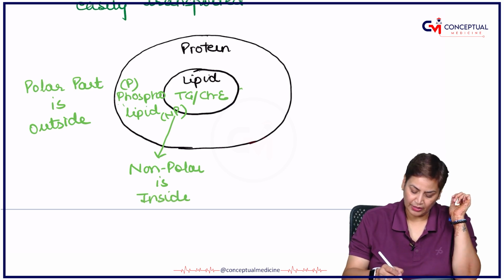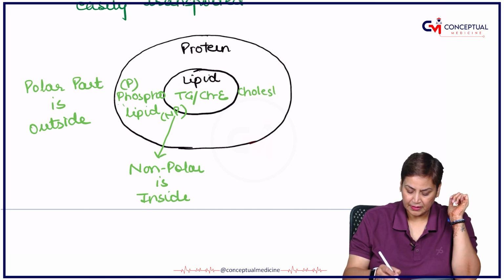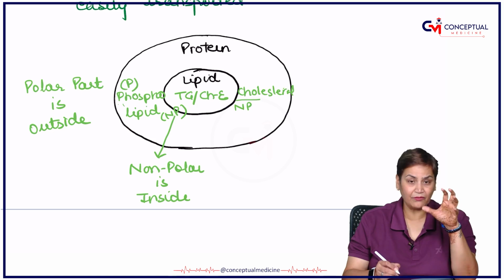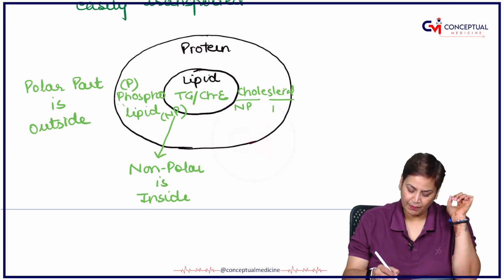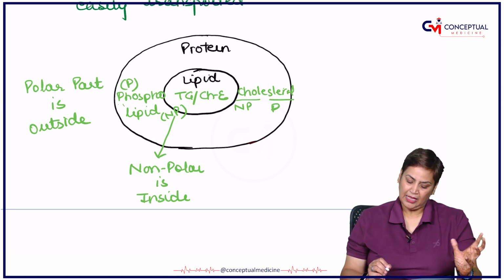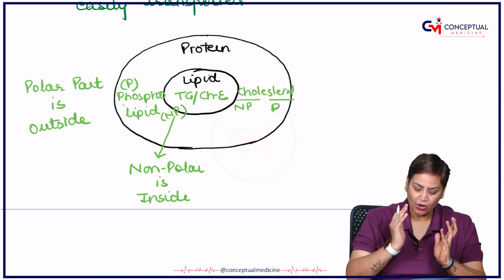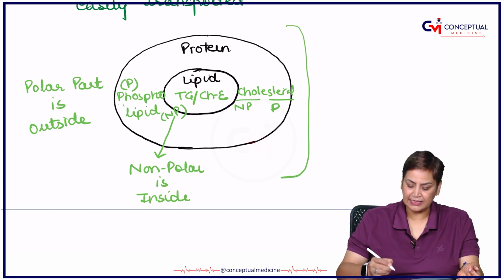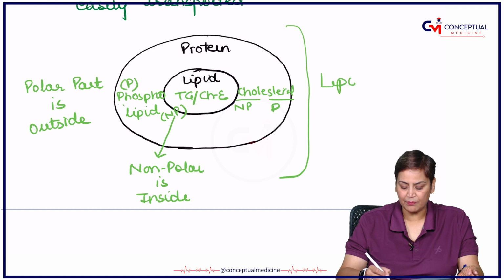Similarly, if we talk about cholesterol, the non-polar part will be inside and the polar part will be outside. So this is how a lipoprotein is made and this is how these lipoproteins travel.